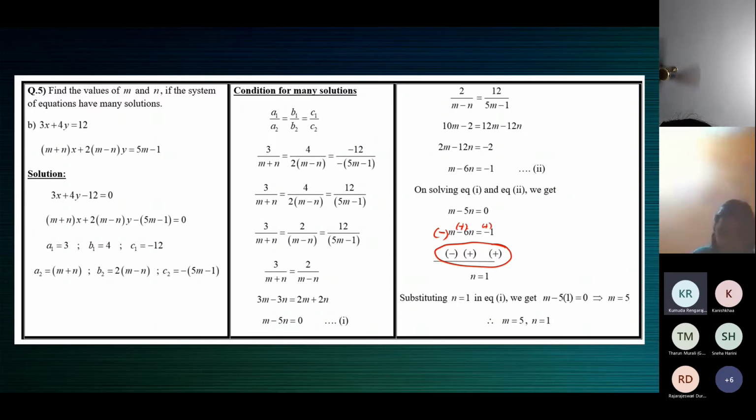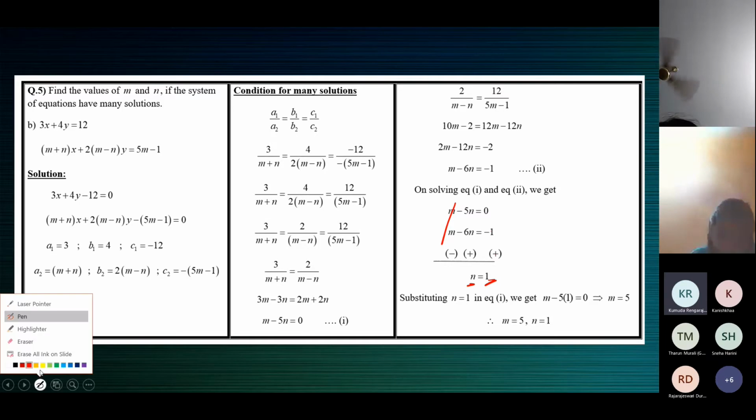When we change the signs, that's what I've shown here. M minus m cancels. Minus 5n plus 6n is n. Minus 1 becomes plus 1. So n is equal to 1. On substituting, we'll get the value of n.